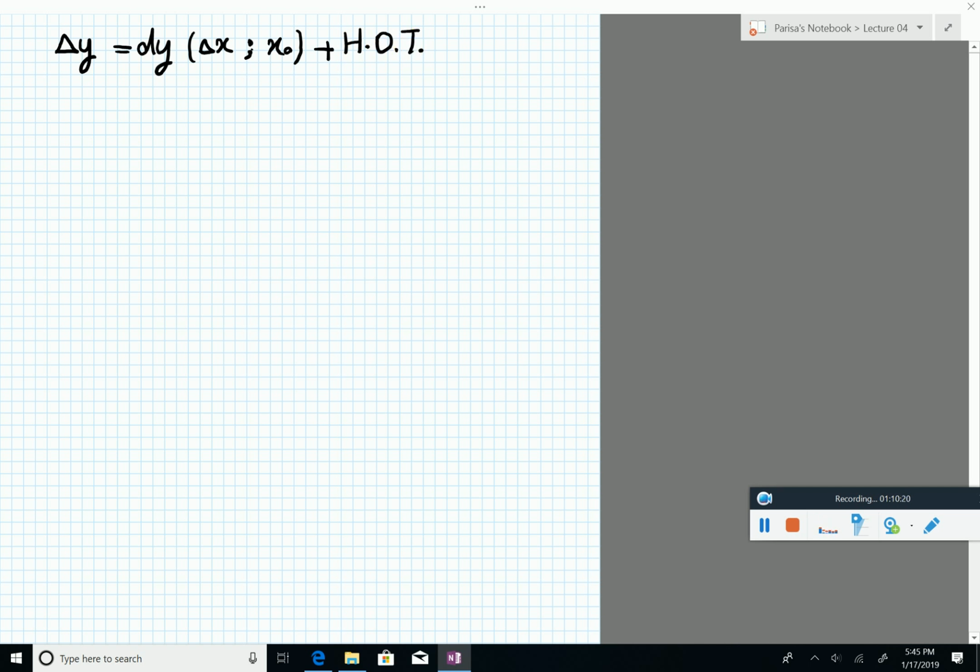You may have seen this in textbooks before, and these are of course higher order terms, also a function of delta x. We call them higher order because these go faster towards 0 as delta x goes towards 0. So we don't have to worry about them if we are just looking at the first order approximation. So I just write that.